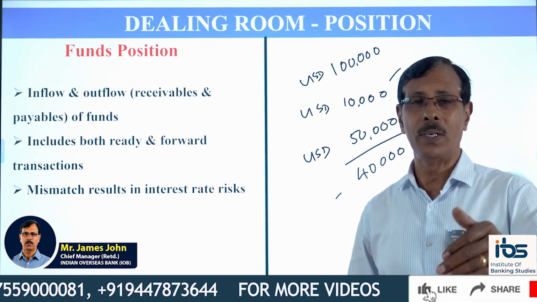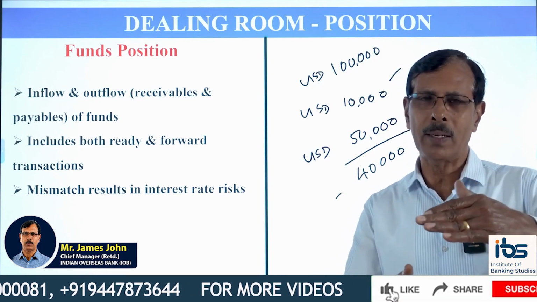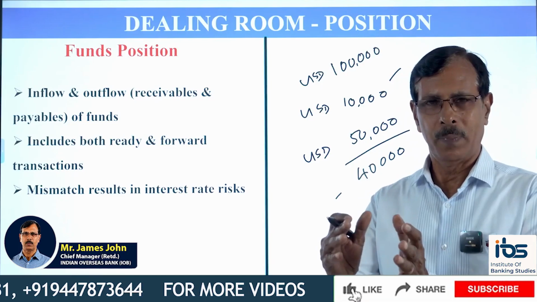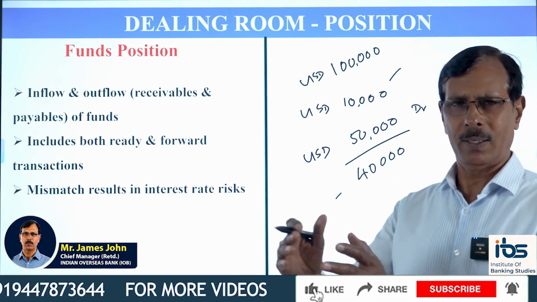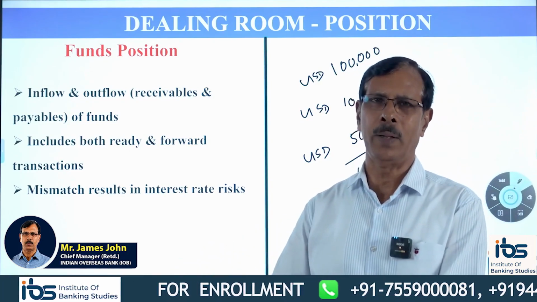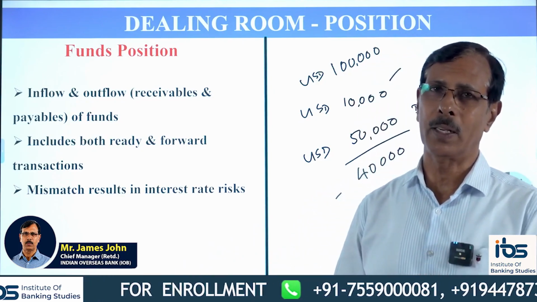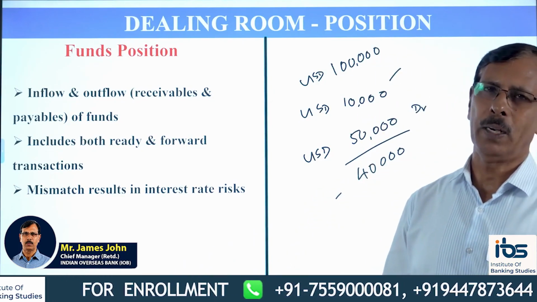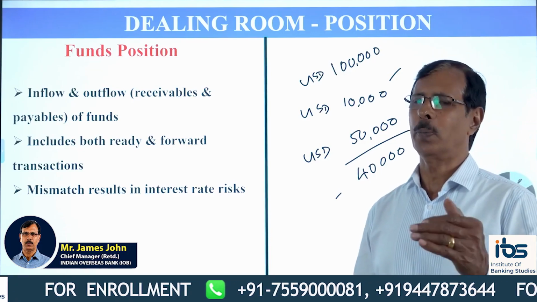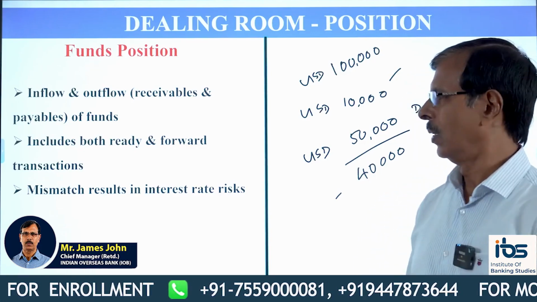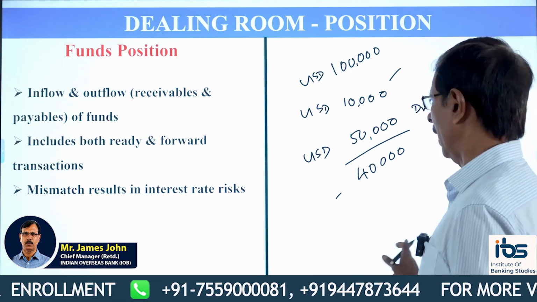So it is the lookout of the dealer to keep the minimum balance in the account and invest the balance amount in some scheme, some security, where they get at least some interest, 1%, 2%, 2.5%, like that. So that is also the responsibility of the dealer to look into. So mismatch results in interest rate risk.